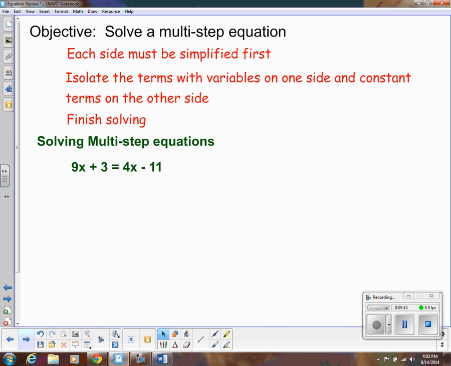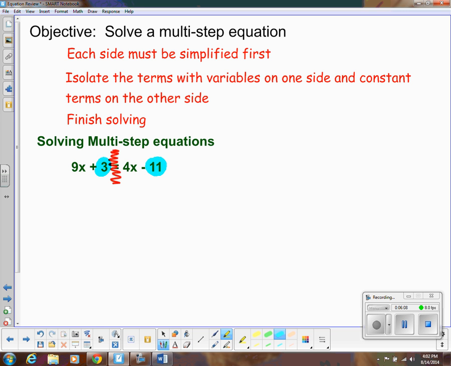So if I look at this multi-step equation to start with, here's my equal sign. Notice I have variables on both sides, and I have constant terms. 3 and 11 are your constant terms. Your 9x and your 4x are your variable terms. So first of all, can you add 9x to 3?